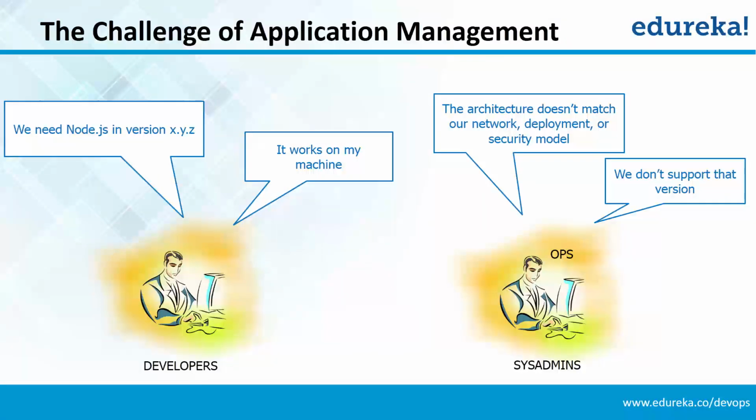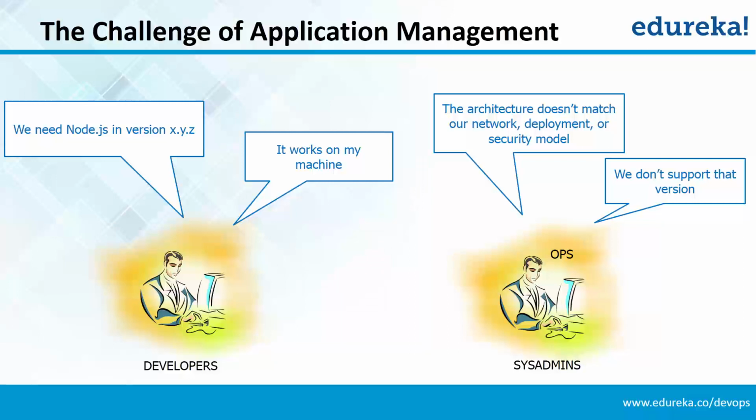Now, all that is great, but what is the problem that Puppet really solves? Typically, when a developer builds a particular piece of code, and this is how the entire problem comes in from a DevOps point of view, the developer builds the code and tests it locally on their machine. Then, the developers don't really care much about what happens next, unfortunately, and that's the whole thing that DevOps tries to solve.